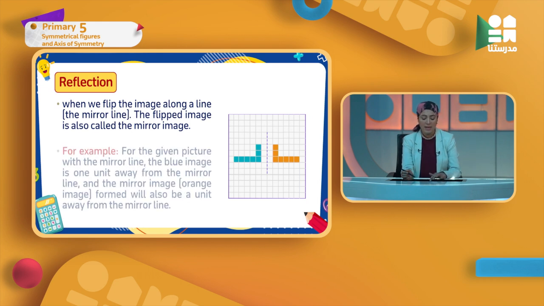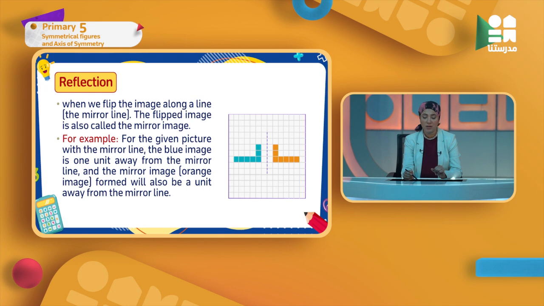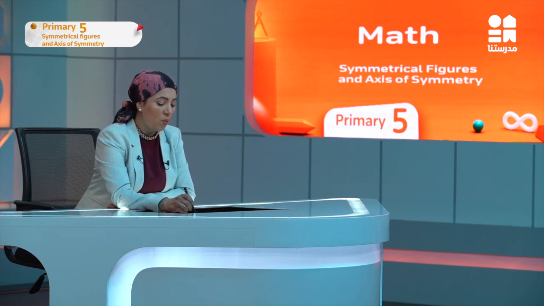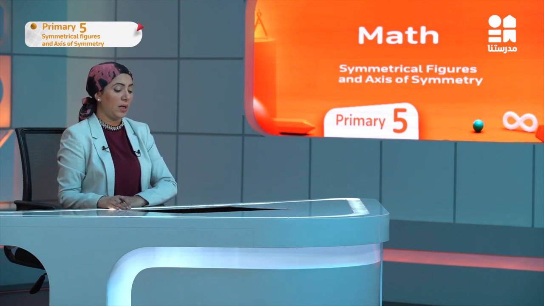And if you look at the blue image here, it is 1 unit away from the mirror line. عندي هنا يونت واحدة بس هي اللي بتفصل بين starting point أو بداية رسمة this image وبين mirror line. لما جيت I have got the image of this the mirror image of this shape، أنا لقيت إنه برضو image which is the orange one, it's also 1 unit away from my mirror line. Then the orange image is a reflection, exact reflection of the blue one.